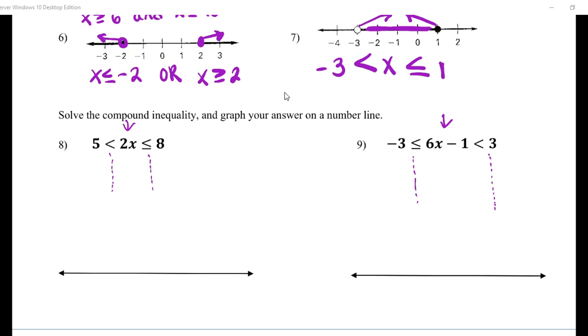With number 8, right now x is being multiplied by 2, so we have to divide all 3 parts by 2. If at any point you divide or multiply by a negative, you would still flip that inequality symbol.